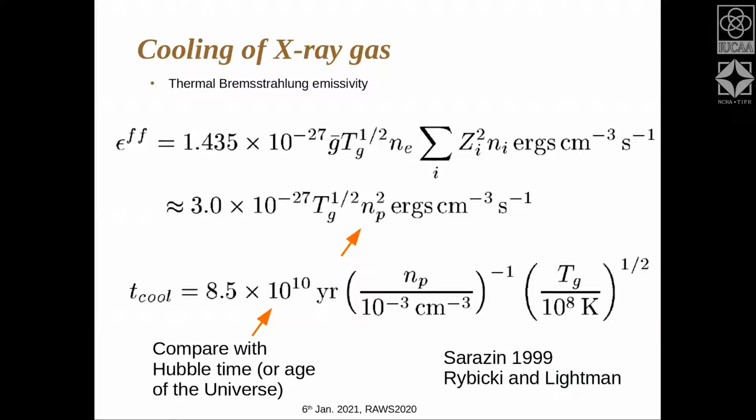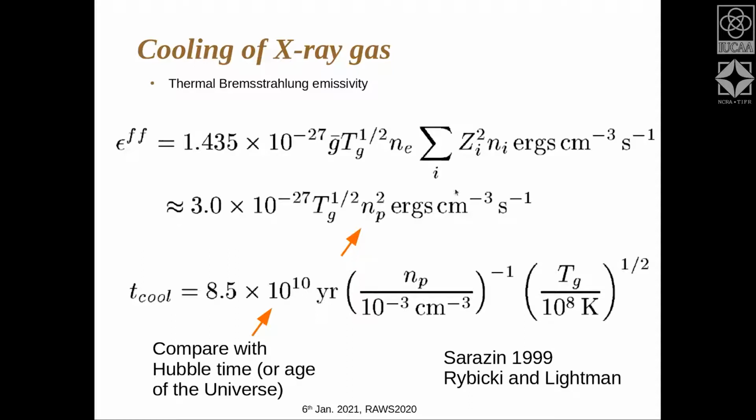The square of the density makes it very difficult to detect any emission from the outskirts of galaxy clusters, because the density of the electrons is going down very fast. Only the centers of the clusters are very bright, and as you go away, as the density falls, so does the emissivity, and thus you cannot detect the cluster beyond a certain point.